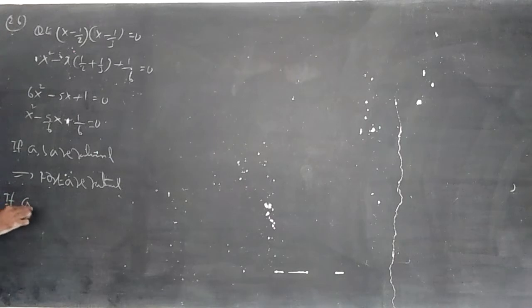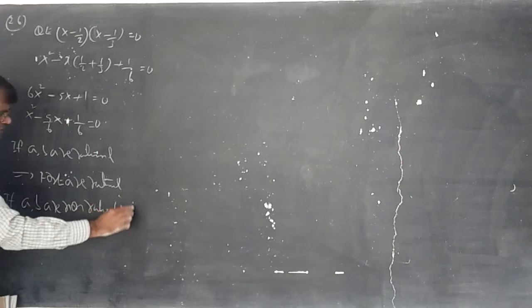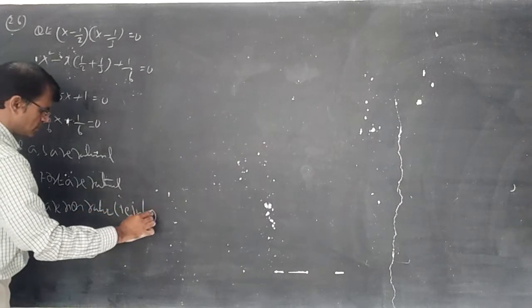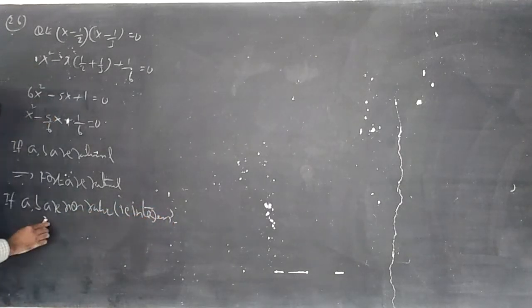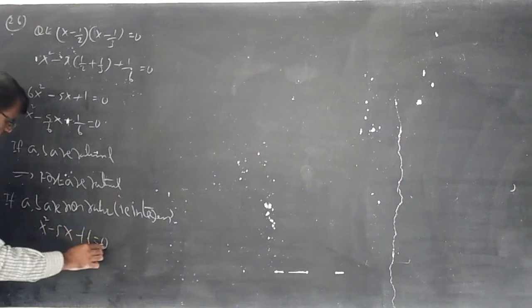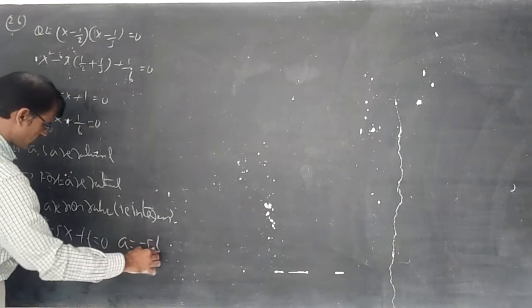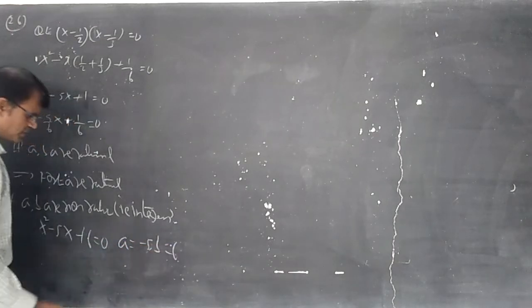Next, if A, B are integers, I am going to discuss with you x square minus 5x plus 6 equal to 0. So A is equal to minus 5, B is equal to 6, integers.